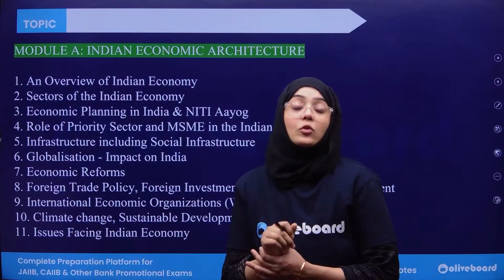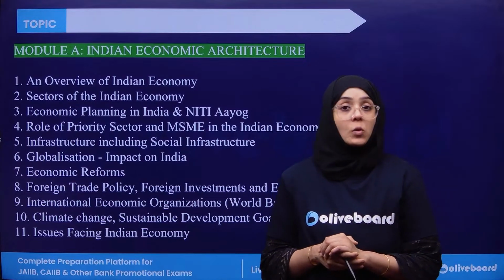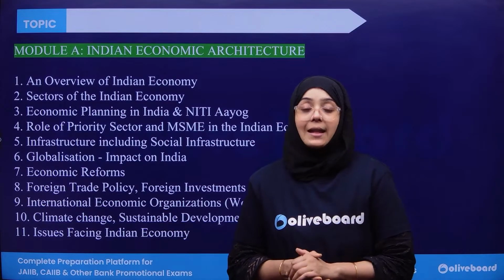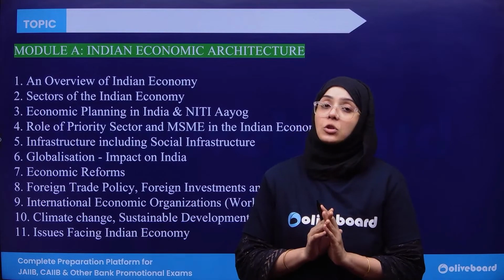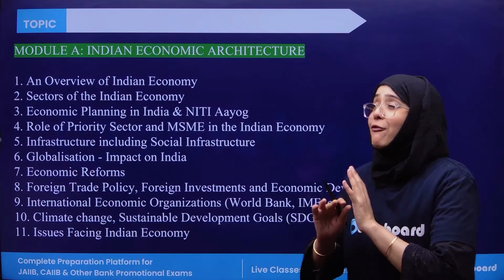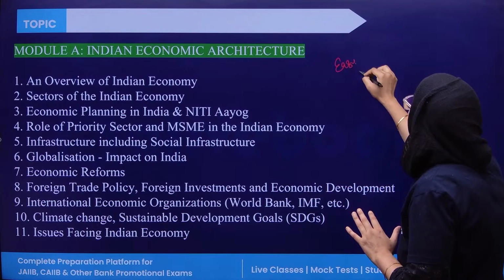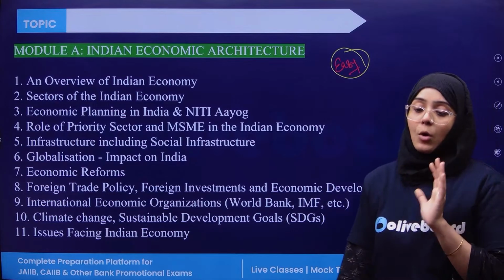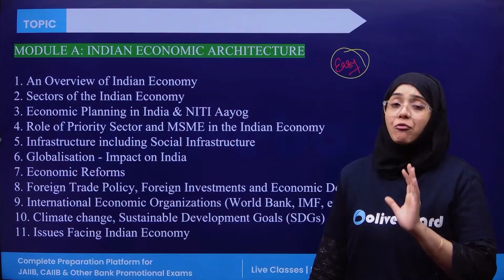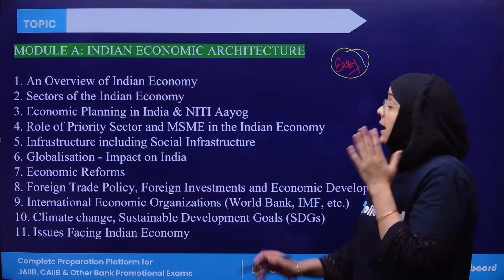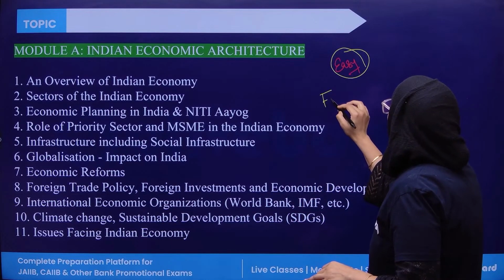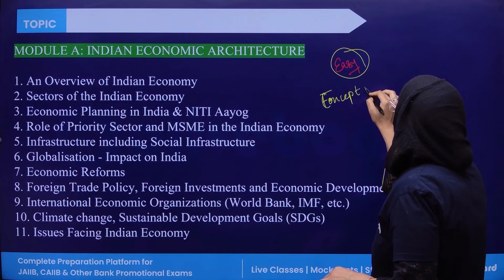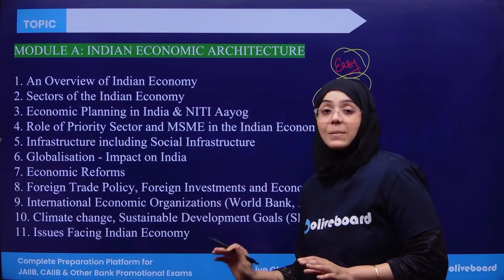We have four modules: A, B, C, and D. Module A is Indian economic architecture, and it is the easiest module. It is a very simple module, more conceptual, and the concepts are spread across its complete 11 units.